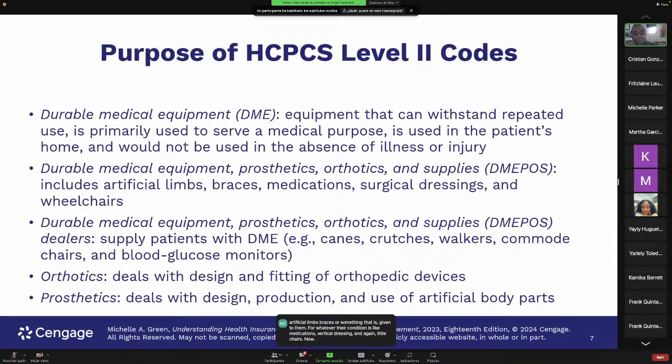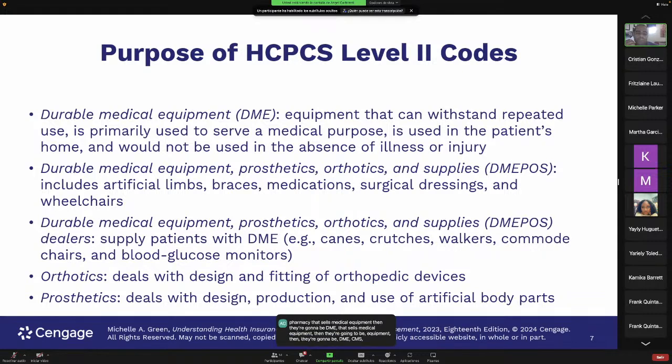Now, most of them are going to be divided into prosthetics, orthotics, and supplies, and those are given by specific DME contractors. If you go to a pharmacy that sells medical equipment, they're going to be a DME CMS medical contractor.